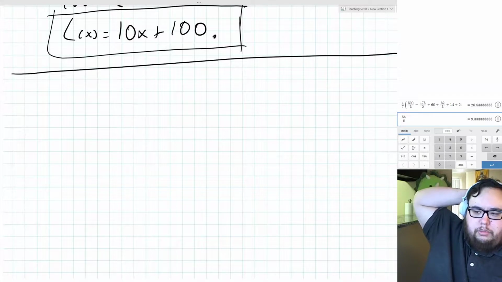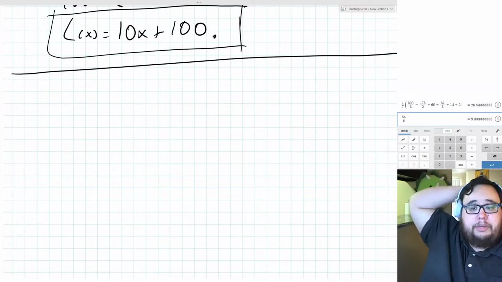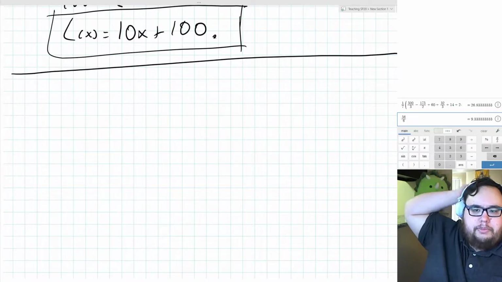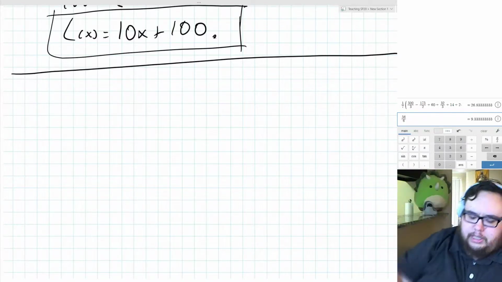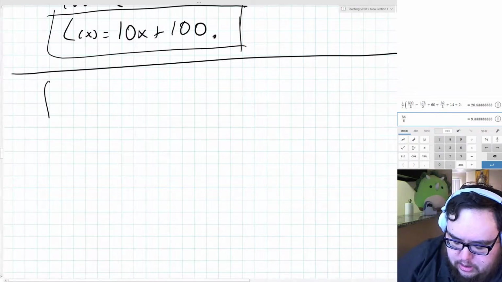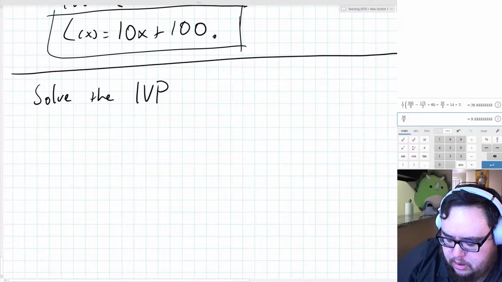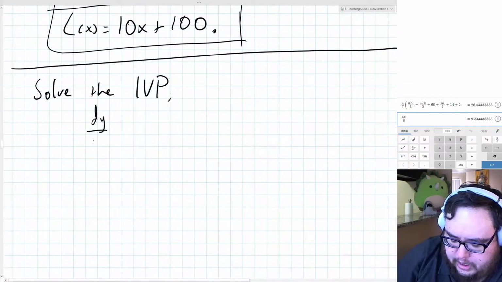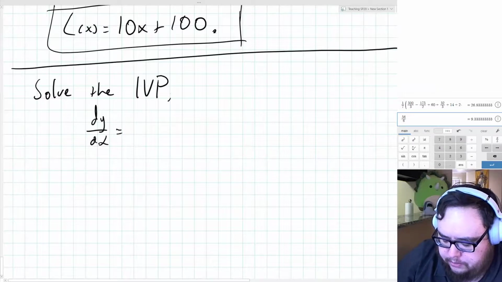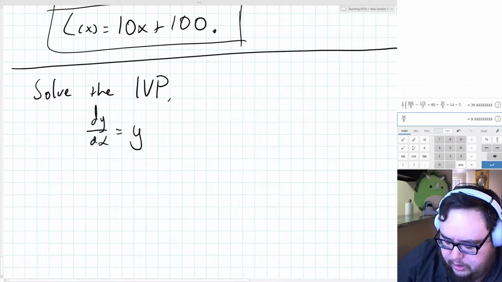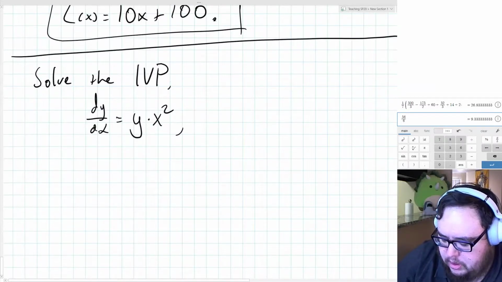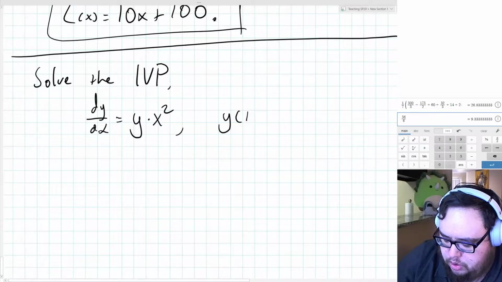So let's do one more example of an initial value problem. This one kind of out of context. So let's say, solve the IVP where dy over dx is equal to y times x squared, and y of 1 is equal to 2.